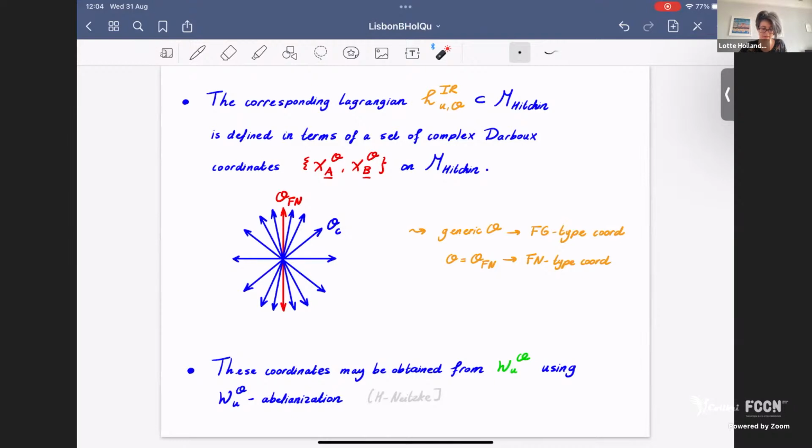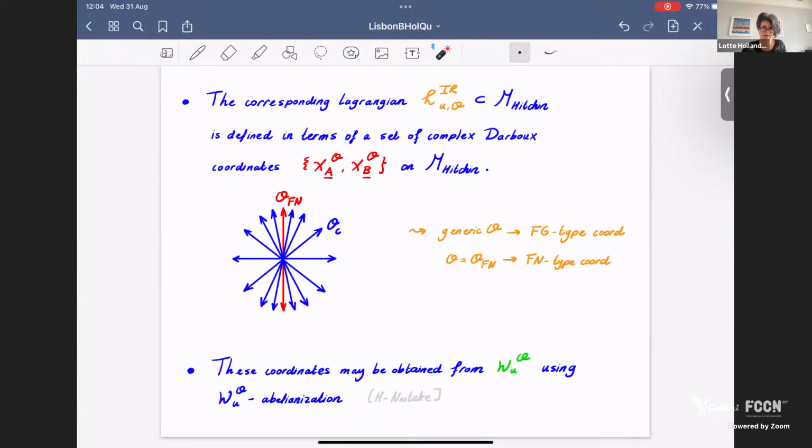This Hitchin moduli space in particular has a complex symplectic structure, and it turns out that to each phase that we choose, there is a natural canonical choice of Darboux coordinates on this Hitchin moduli space. In terms of these Darboux coordinates, which are associated to these phases, this Lagrangian is just defined by the constraint that the B coordinate, the complex B coordinate, is given by 1.